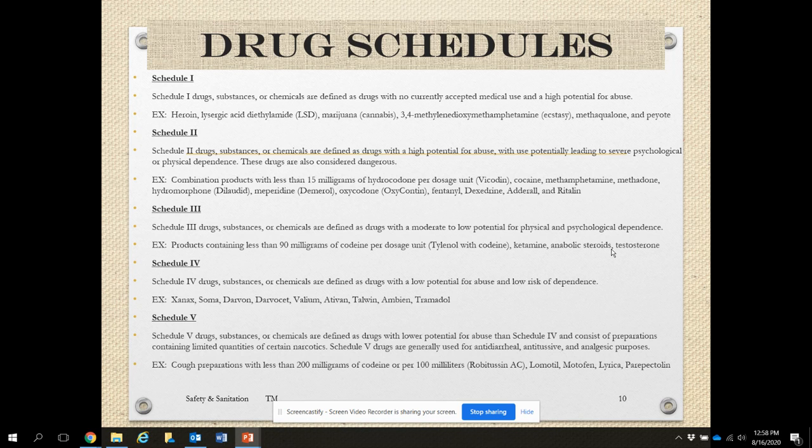I looked it up, and cocaine can be used in some throat sprays for its numbing effect. So that's one I had to kind of look up. But Ritalin is also in there. Adderall is a Schedule 2. Oxycontin, fentanyl, Demerol, those types of drugs are in a Schedule 2.